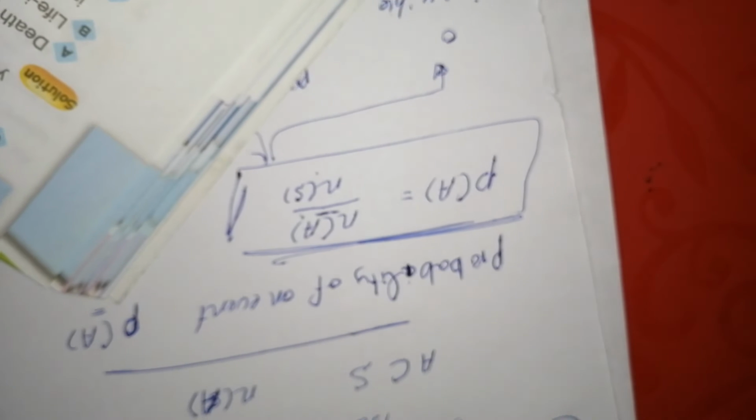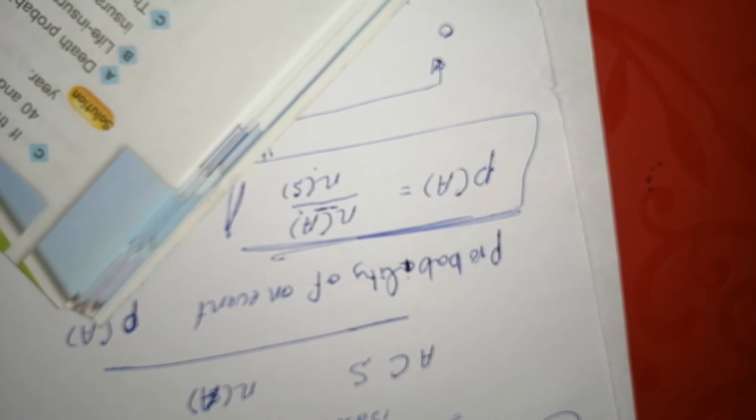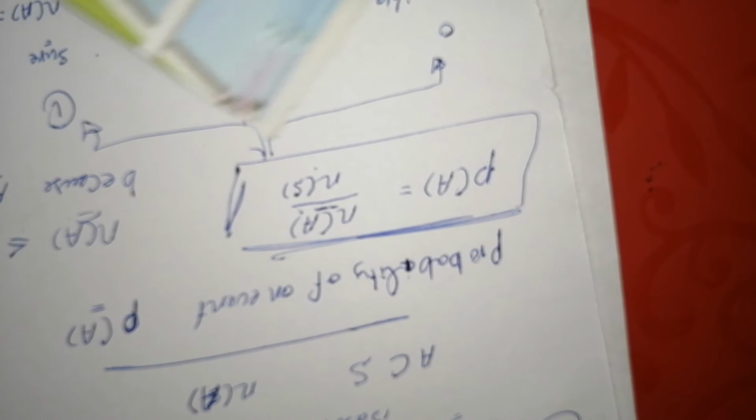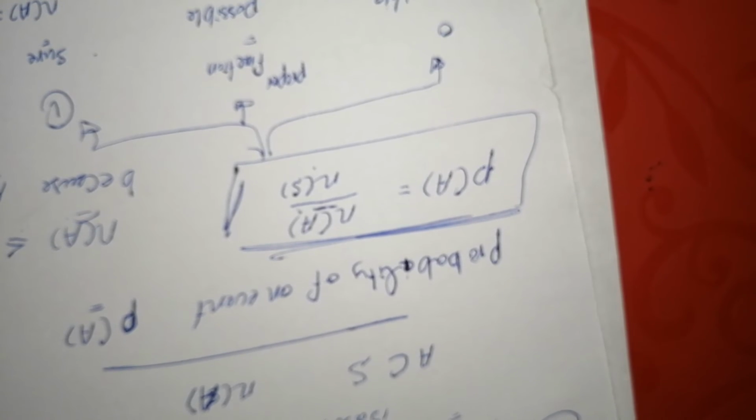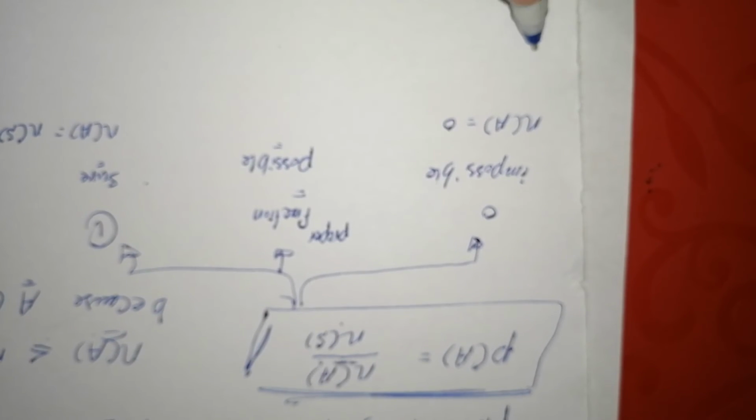So let's find the probability of the first player and the probability of the second player. The first player scored 12 goals of 15 kicks. So its sample space is 15.